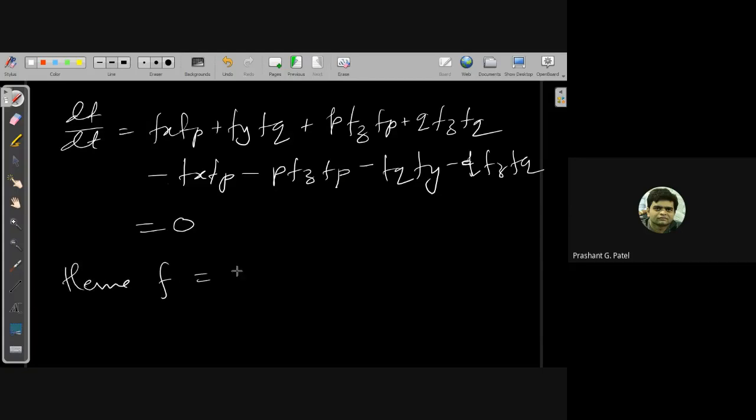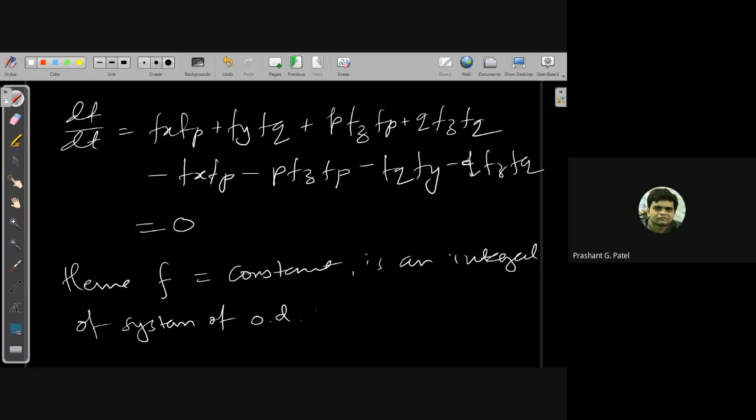That means the function f is constant and is the integral surface, integral of system of ordinary differential equation.